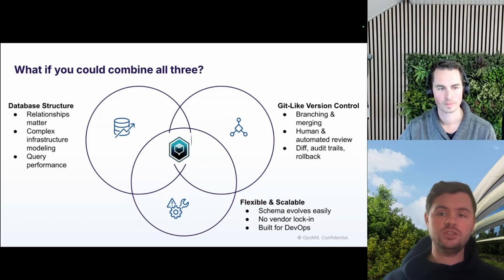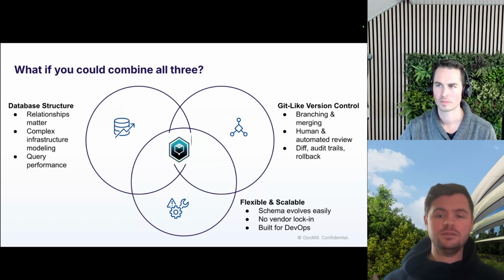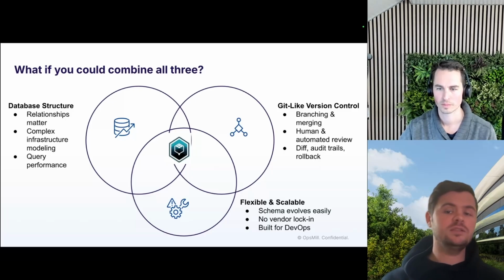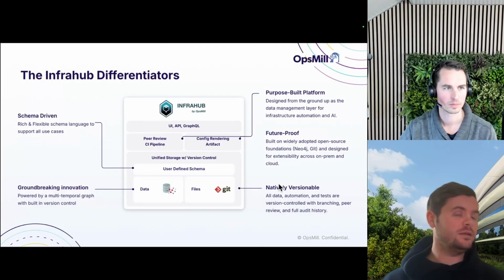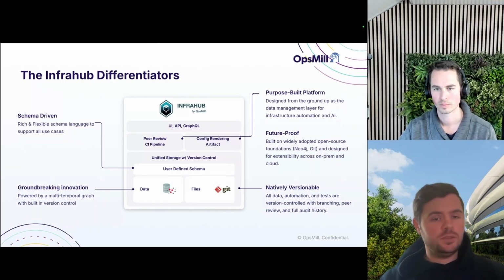So we have branches, we can merge branches into the default main branch, and we have diff and audit trails. And as your network grows, we solve the schema flexibility so that you can model anything in your network.